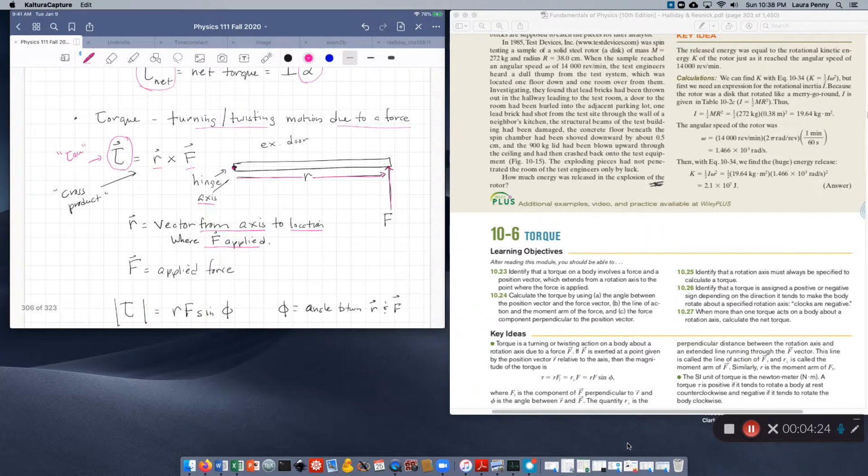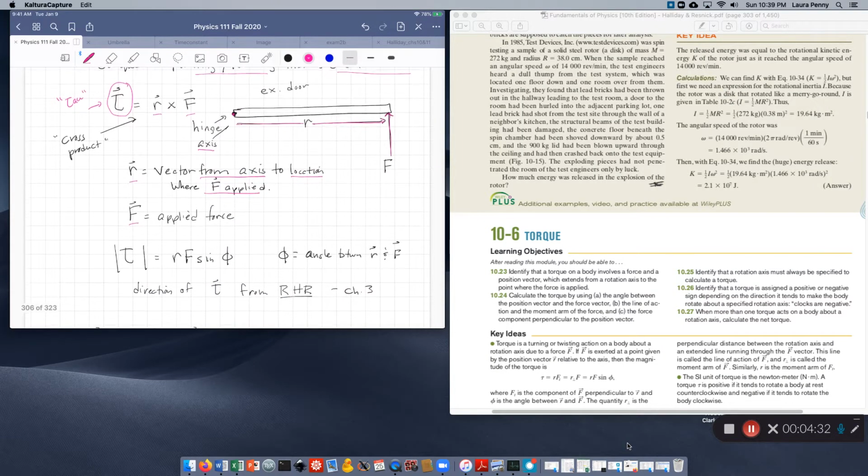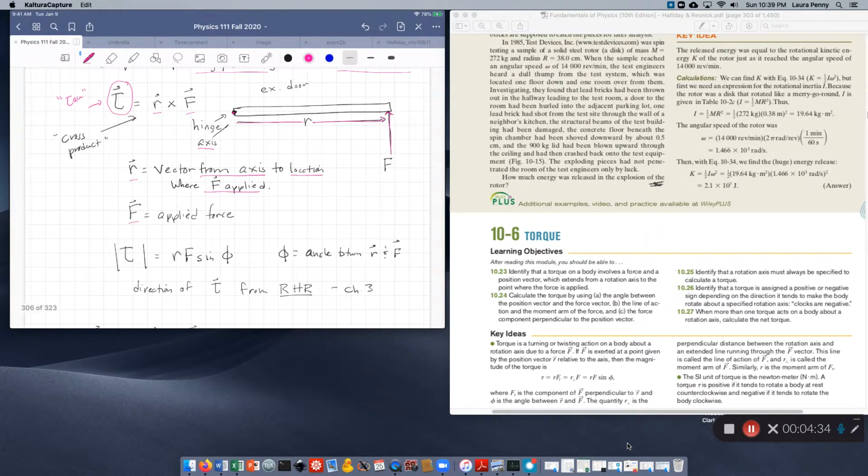So our actual vector here is R cross F, which is not the same as F cross R. Back in chapter 3, we said that the magnitude of this vector is the amount of R times the amount of F times the sine of the angle between R and F. The direction of tau would come from the right-hand rule.